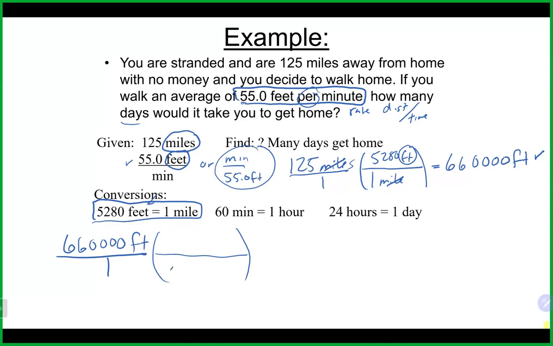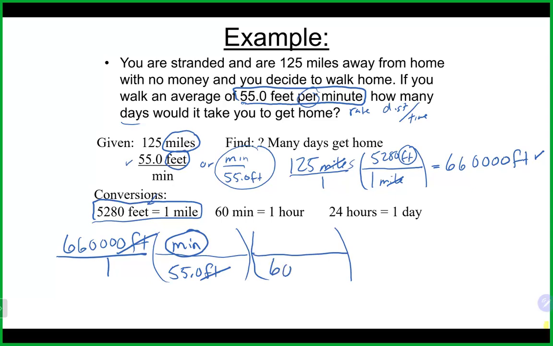This is the move that takes us from distance into a unit of time, which is what we're ultimately looking for: days. At this point it is our minutes to days that we hopefully won't mess up. I can clearly see minutes are on top, so to get rid of minutes, they need to go on the bottom.